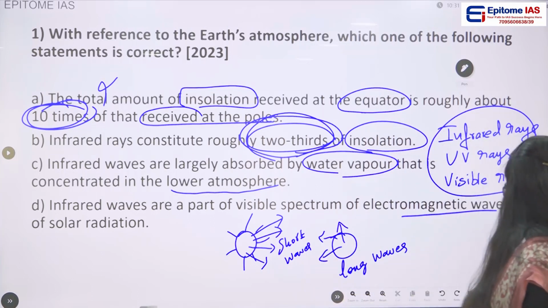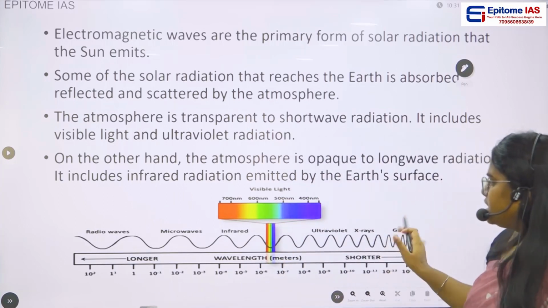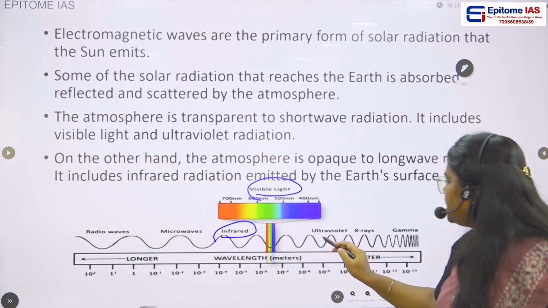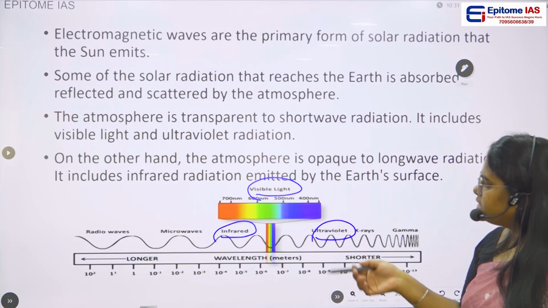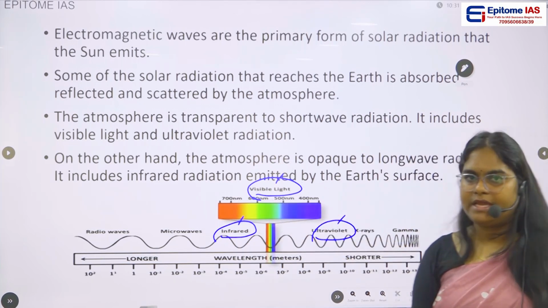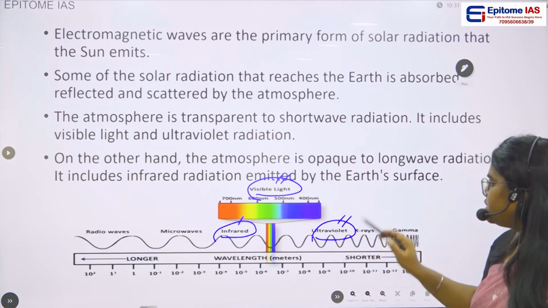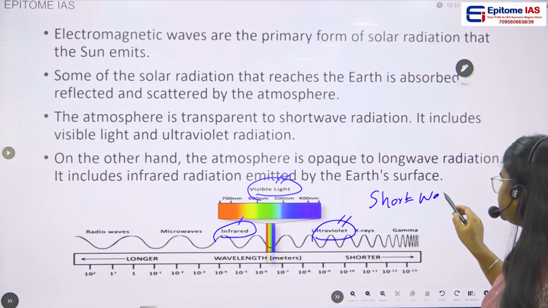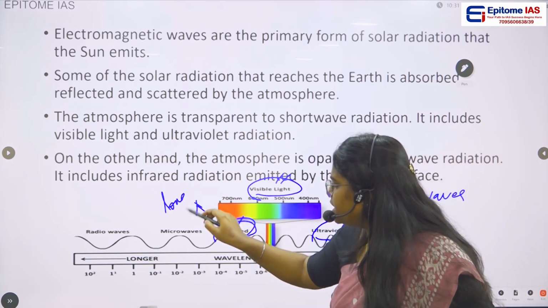I'll show you the picture, you will understand. Let us say this is the spectrum of the waves, and we have infrared waves here, and we have visible light here, and we have ultraviolet rays here. As we already saw, the sun's light emits all these three types of rays. And if you see, the visible light and the ultraviolet light are short waves. These are short waves compared to the infrared waves, which are long waves.